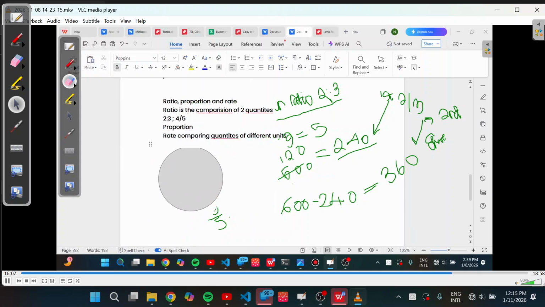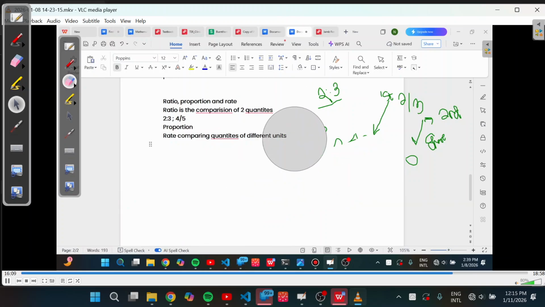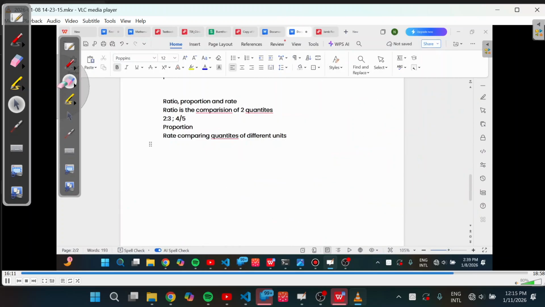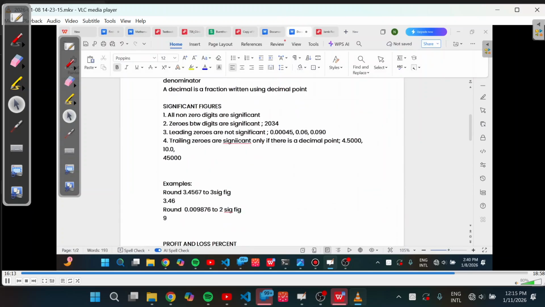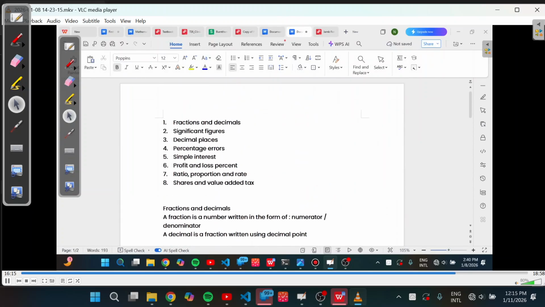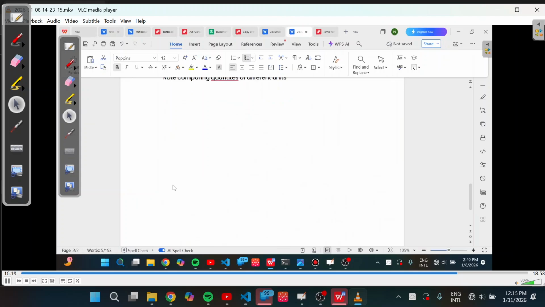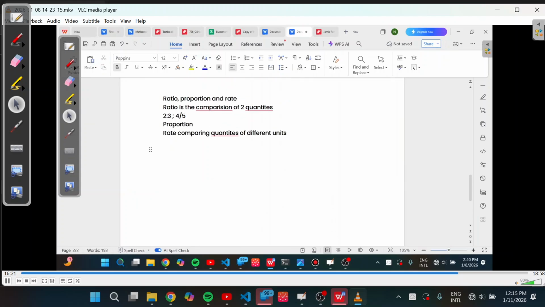Now we want to actually take a look at our last topic, which is shares and value added tax. So value added tax, you also know it as VAT, alright? So don't be confused if you see it in an exam and they tell you to find the VAT and you're only familiar with value added tax.